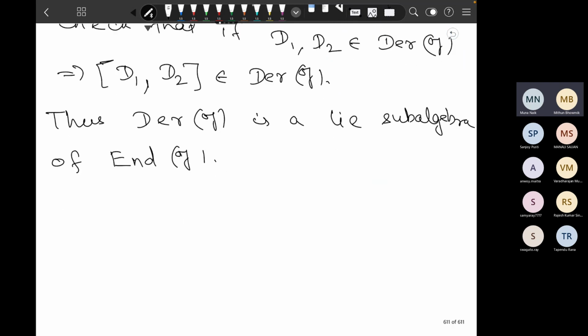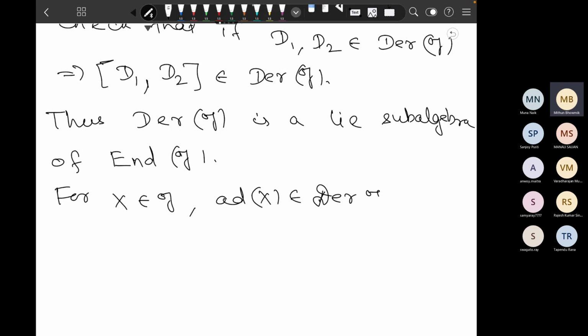Now for x belongs to g, check this ad x belongs to the derivation of g. So this is an exercise, and that is really this exercise, use Jacobi identity.